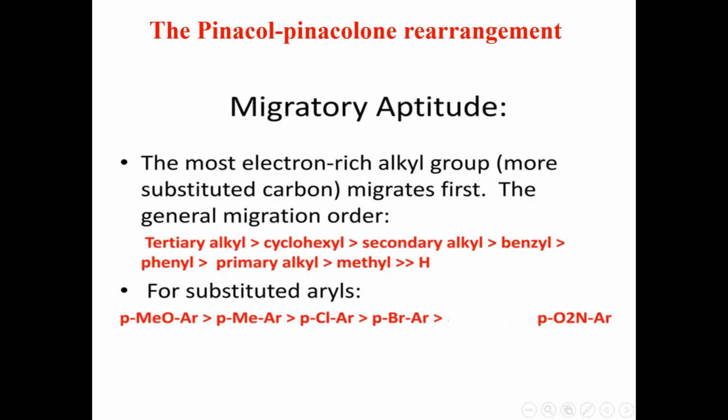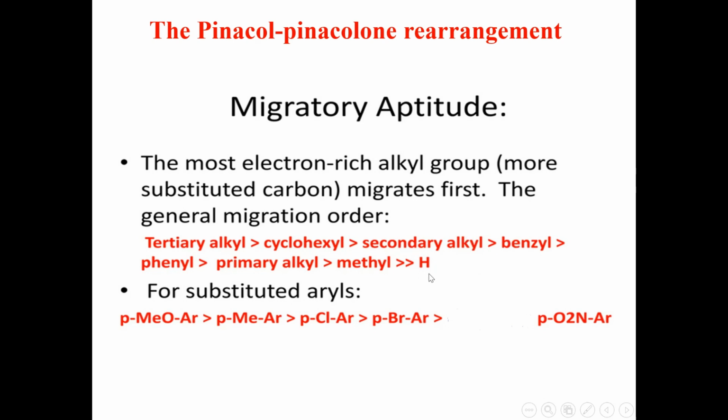Here, which group should migrate? An alkyl group which has more electron richness will migrate more easily. A tertiary alkyl group has more migratory aptitude than cyclohexyl, which has more migratory aptitude than secondary alkyl, than that of benzyl, and so on.